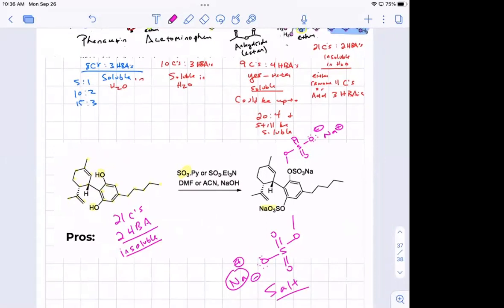So the oil that you get from hemp or from wherever you're deriving your CBDs or THC oil from, you know where you get that from, is insoluble in water, but it can be converted into molecules that are soluble. So these sulfonate salts that you see on the right, those are soluble in water.